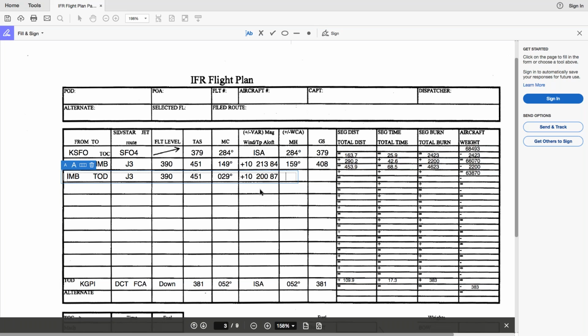Our wind direction, 200, and the speed, 87 knots. Okay? That gives me a ground speed of 537 knots and a true heading of 31 degrees.